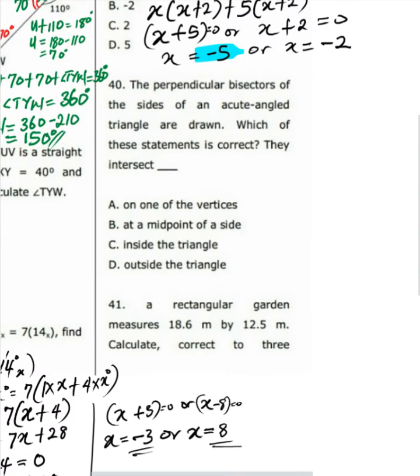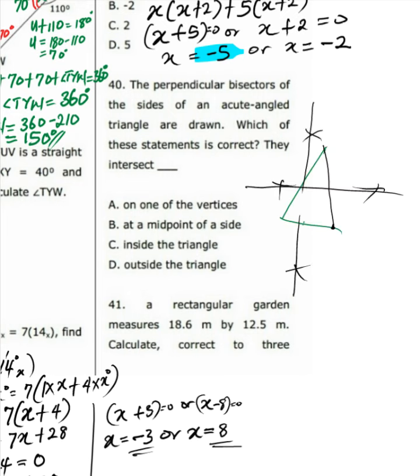Now, the last question for this session. The perpendicular bisectors of the sides of an acute angle triangle are drawn. Which of these statements is correct? All right, this is a question on construction.